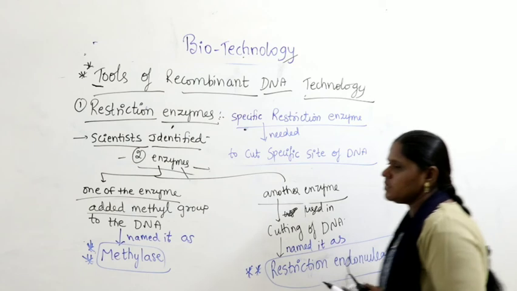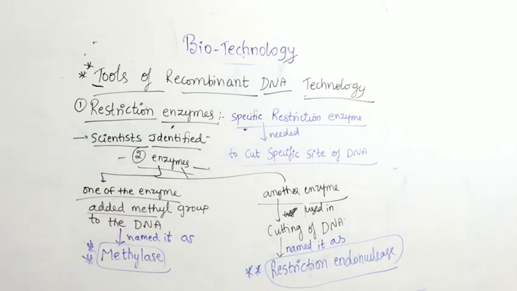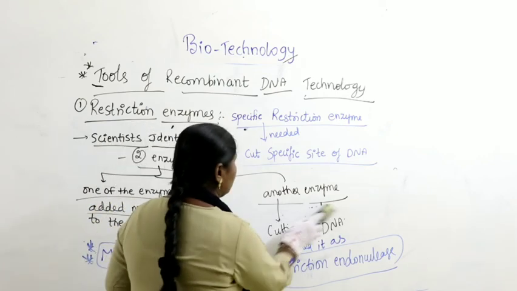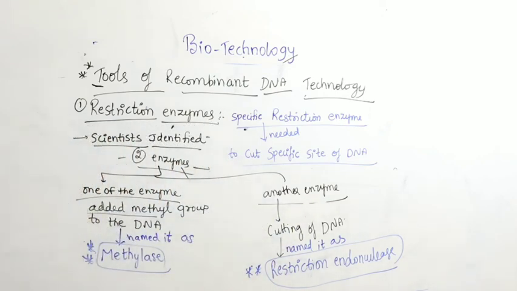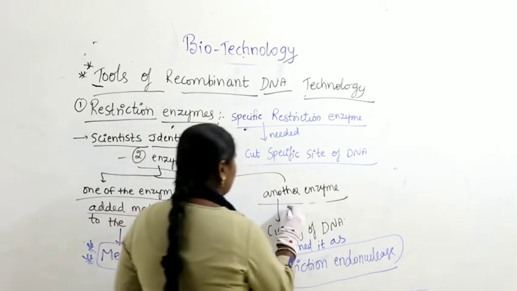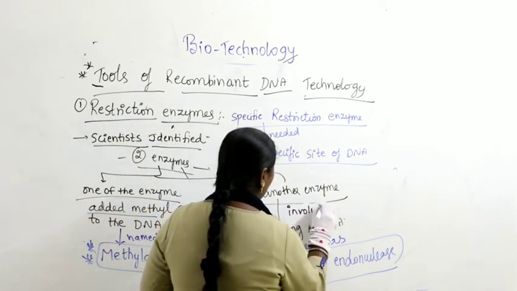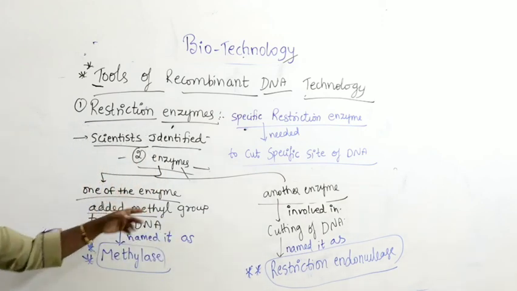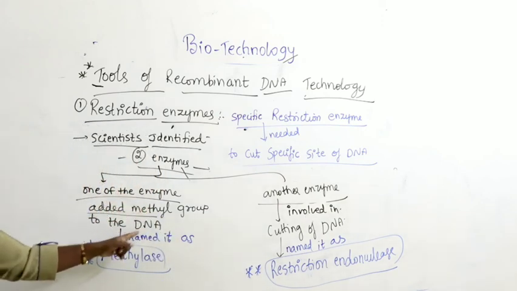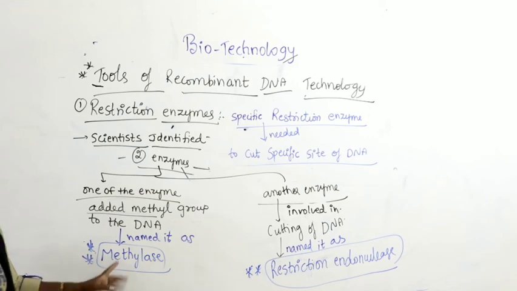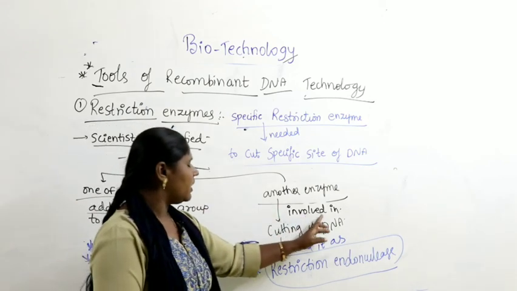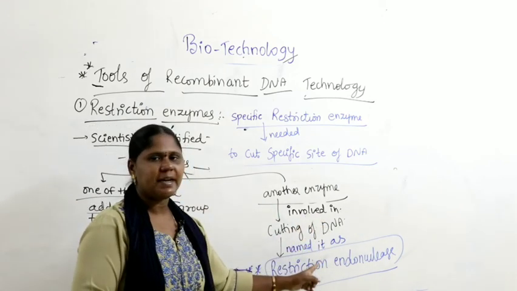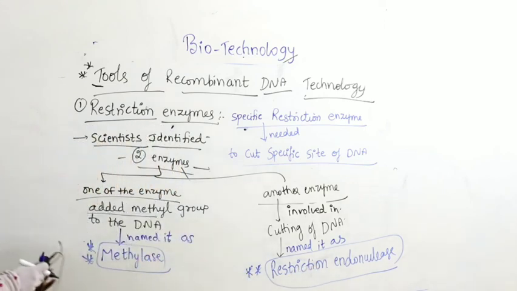What are the two enzymes? You can make a note of it here. One of the enzymes added a methyl group to the DNA, named methylase. Another enzyme, involved in cutting of DNA, was named restriction enzyme. What is the meaning of this?